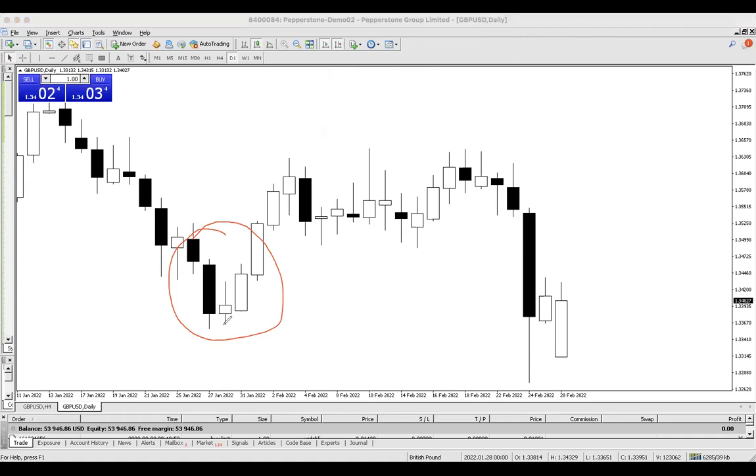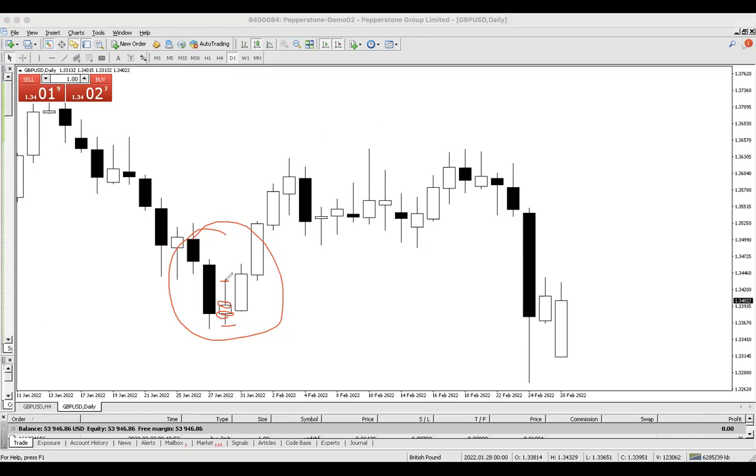You can notice we have the low here and the high here. Because this is a bullish candle, on that day price opened here, and then price closed here, which means this is called the open and this one is the close.